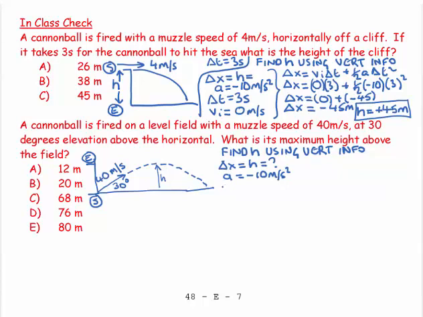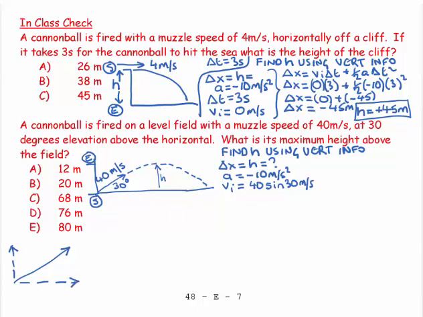I know that my initial velocity is equal to 40 sine 30 meters per second. Let me take you to the diagram. Let's just emphasize that. Break it down into two components.